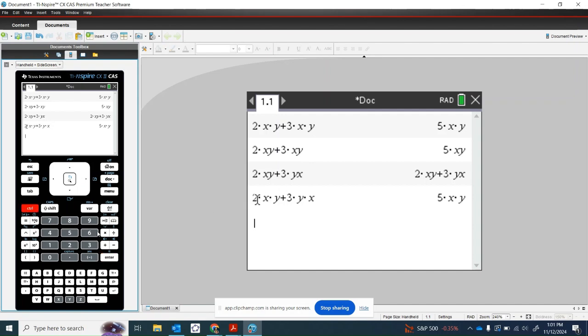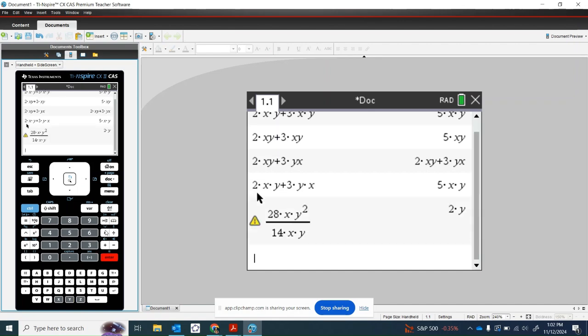If I want to simplify, let's say we have 28 times x times y squared over 14 xy times x times y, it will do that simplification for me.